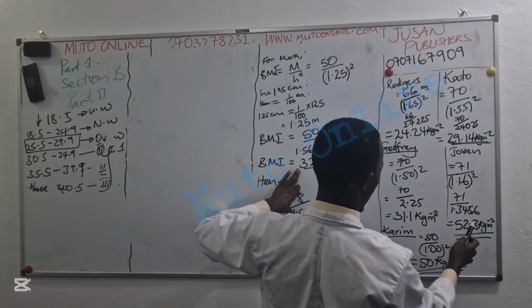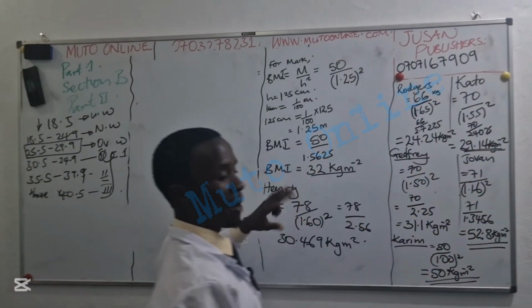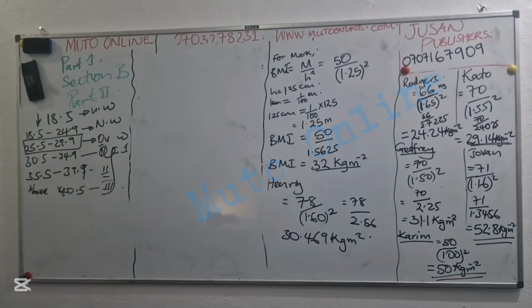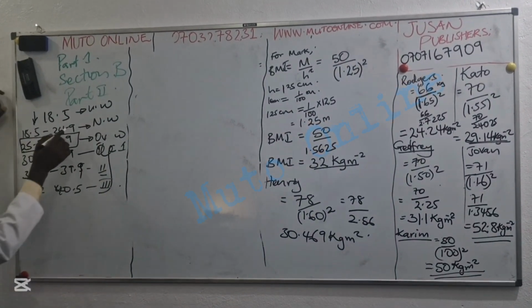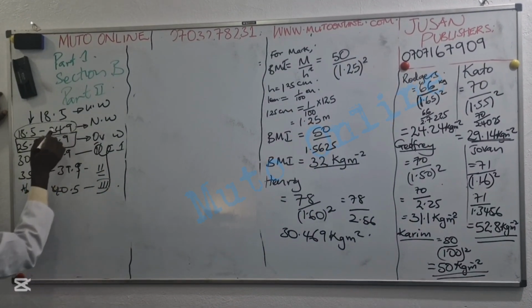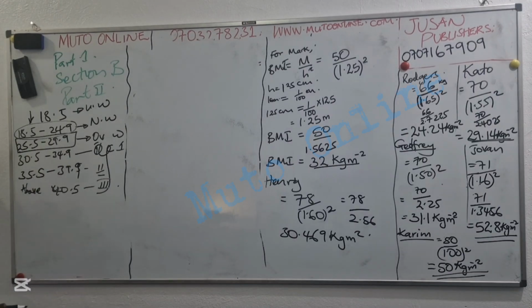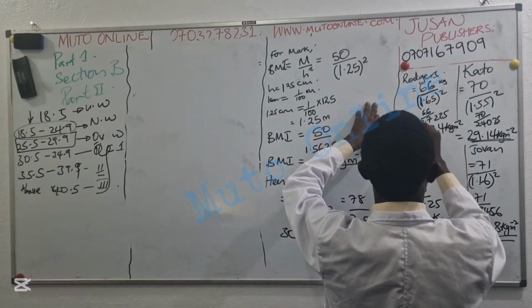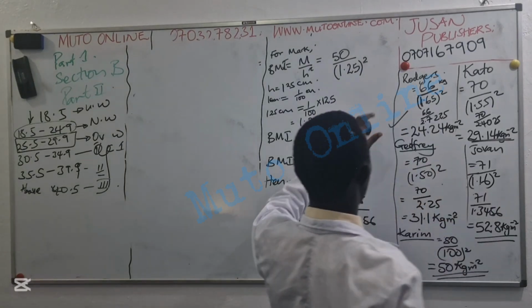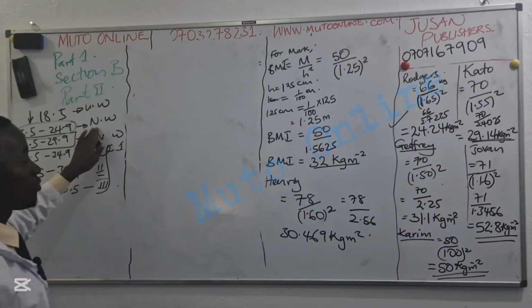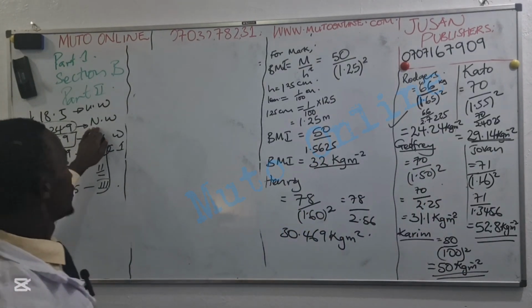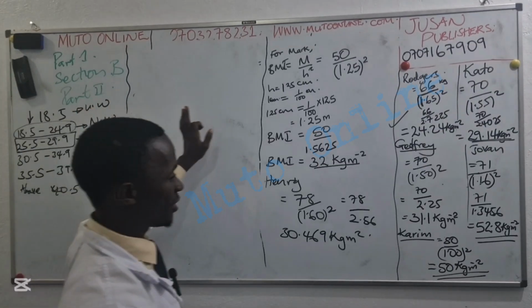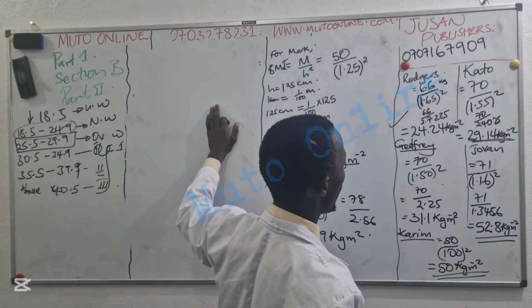We don't have any. They are all above. Let's look for the ones who fall under the range 18.5 to 24.9. Do we have any? We have Rogers. Rogers falls under the normal weight range.